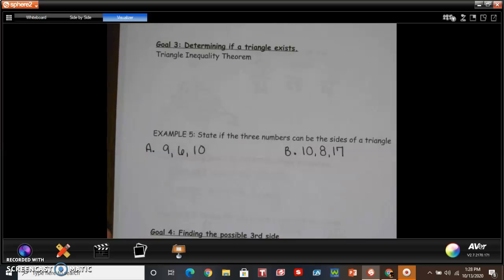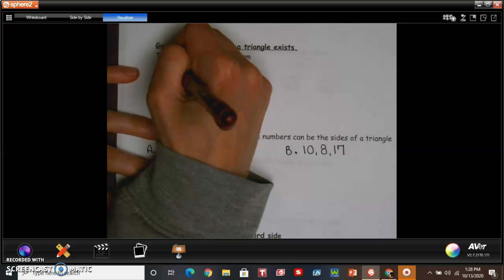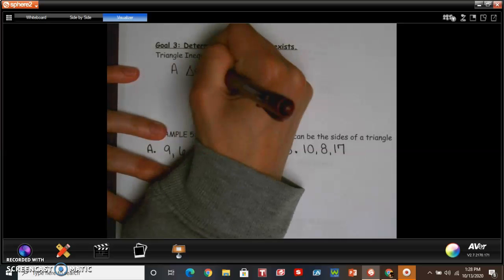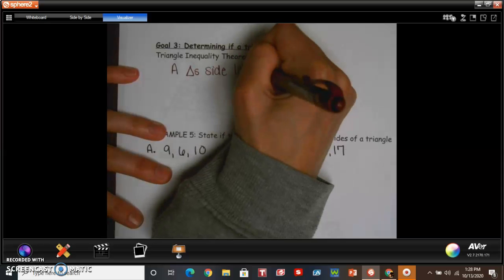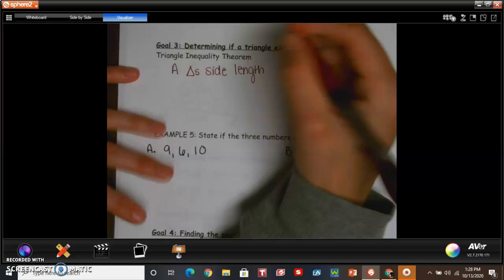Alright, now, super duper fun, triangle inequality. Now, what the triangle inequality theorem is telling us is that for a triangle to exist, we'll always follow the following rule.